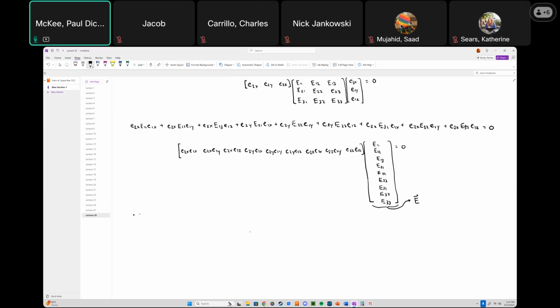But we now have a null space problem of the form AX equals 0. We need at least 8 points to solve this.